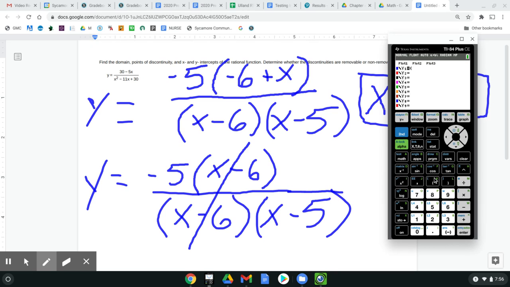So we're going to graph -5 times (x minus 6), close them both, divide that whole thing by (x minus 6) times (x minus 5).